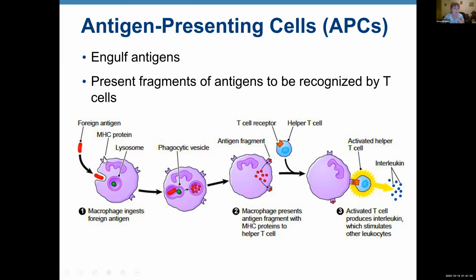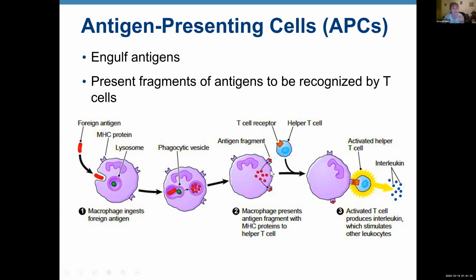So there's an MHC protein. Remember, that's our own protein, right? They can be class 1 or class 2. But a piece of this antigen is presented on the surface of this macrophage. So there is a bacterium inside our body, and here is a piece of it.